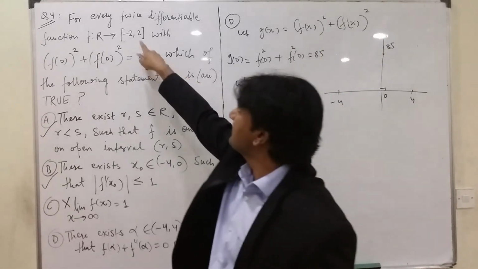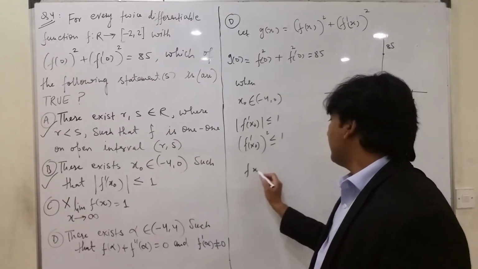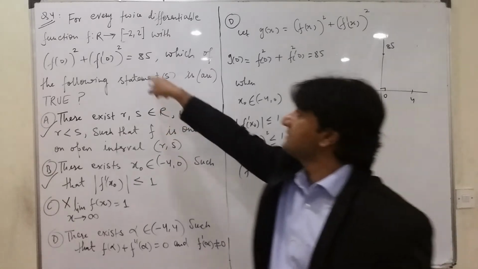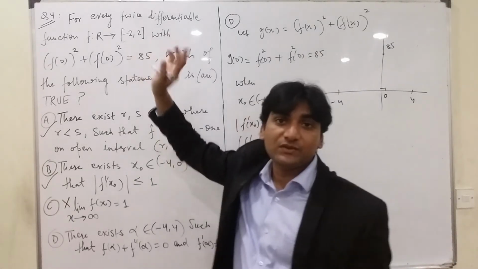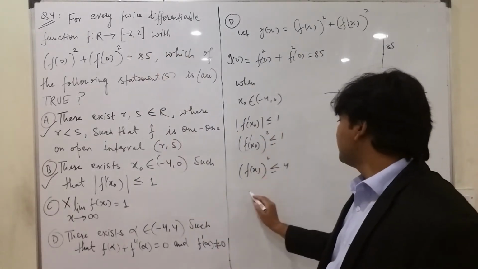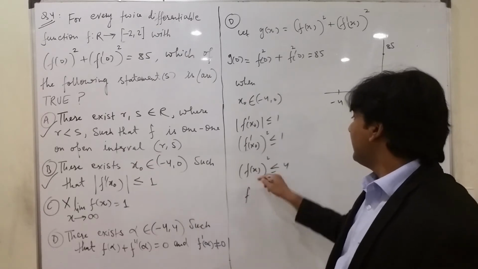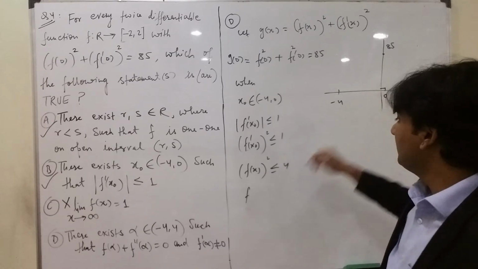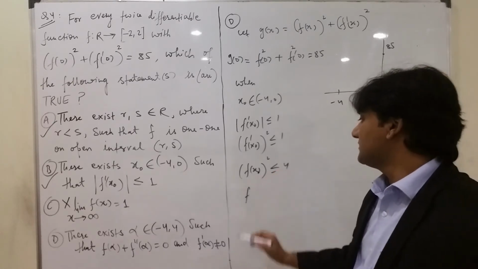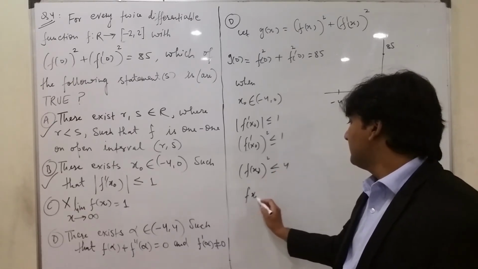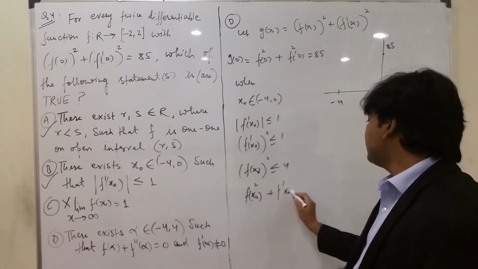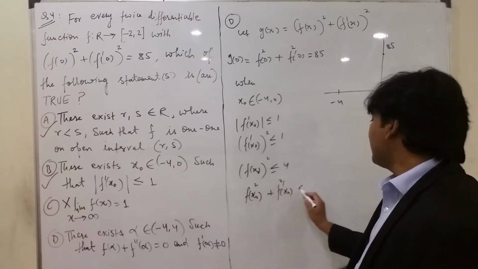Where f(x) whole square is less than or equal to 4, because maximum f(x) reaches 2. If I add these two, then I can have, since I am explaining between -4 to 0, I am considering x0 here. So f(x0) whole square plus f'(x0) whole square is less than or equal to 5.